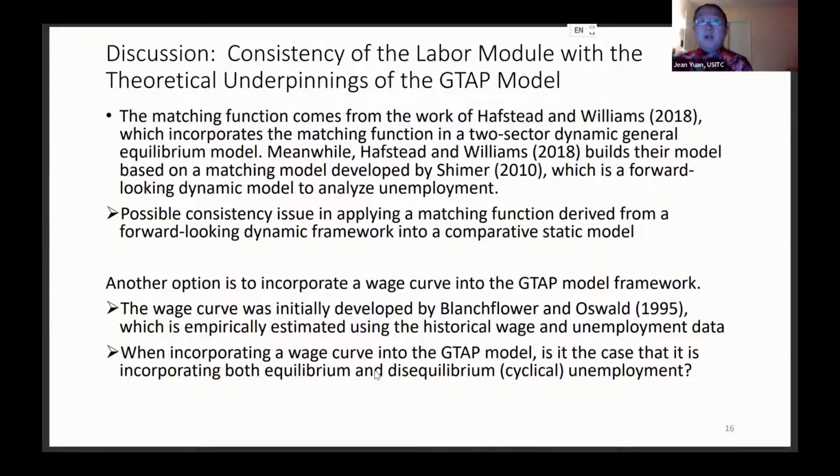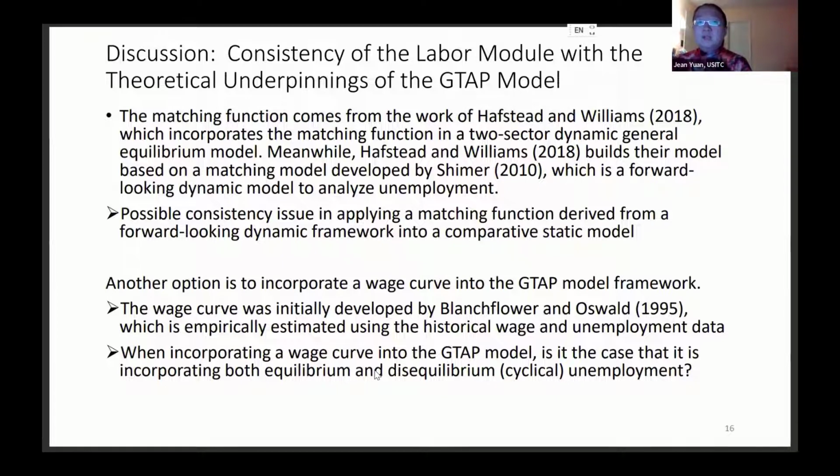And finally, I will talk about how incorporating the labor module into the GTAP framework would be compatible with the theoretical underpinnings of the GTAP model in particular and the CGE model in general.